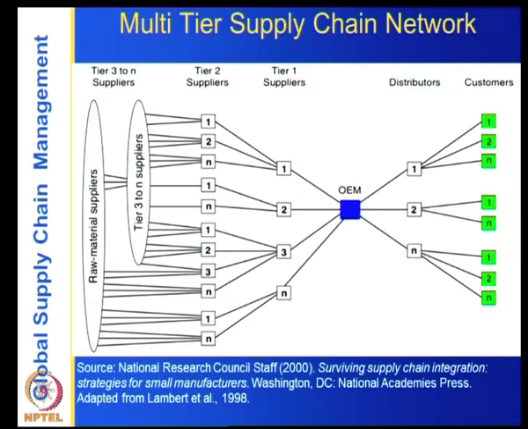Supposing they use a paint on the Barbie doll to show the color, and the paint has lead content in it. If the lead content is high, and the child licks the paint and puts the Barbie doll in the mouth, then it could be poisonous. There are several accidents like this that have happened in the past. So, it is important that the multi-tier supply chain is mapped well.